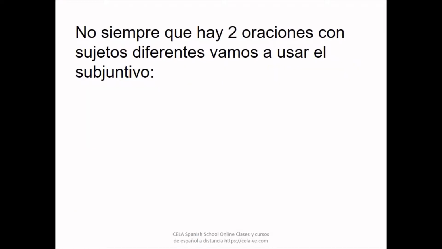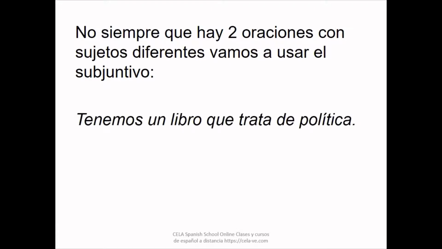Not always when there are two sentences with two different subjects joined by que, we will use the subjunctive. Tenemos un libro que trata de política. Here there are two different subjects: nosotros tenemos in the main sentence, and trata, subject, un libro.